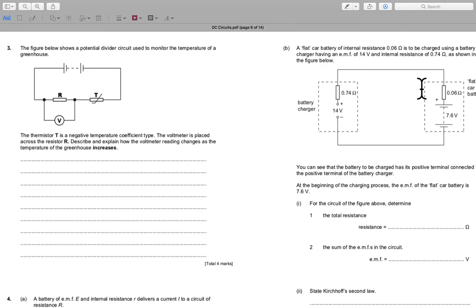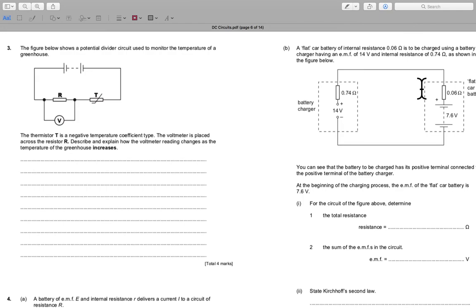The figure below shows the potential divider circuit used to monitor the temperature of a greenhouse. The thermistor T is a negative temperature coefficient type. The voltmeter is placed across the resistor R. Explain how the voltmeter reading changes as the temperature of the greenhouse increases.